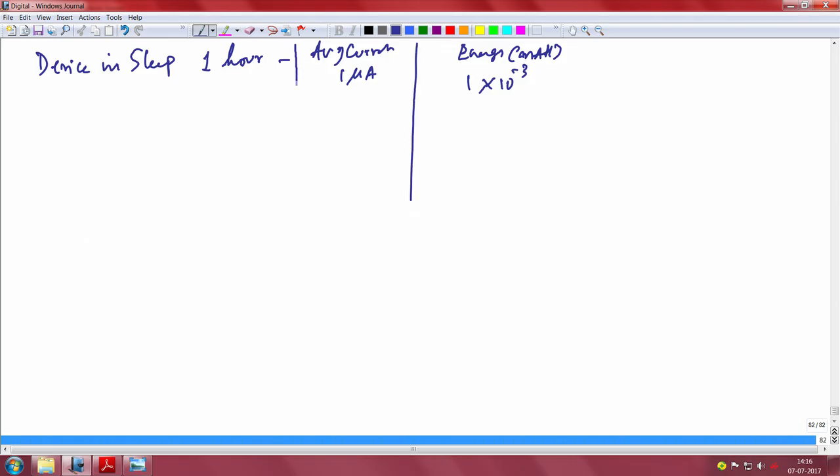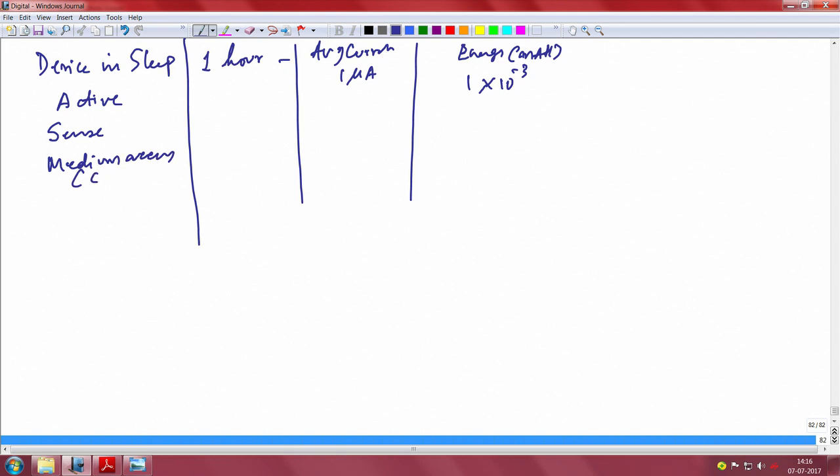So this is one column, then this is the activity, device in sleep. Like that you can put active, you can also put sense, then you can put media access, medium access, also known as CCA, clear channel assessment. Then you put TX of packet, data packet, then you also put RX of ACK, acknowledgement, right.